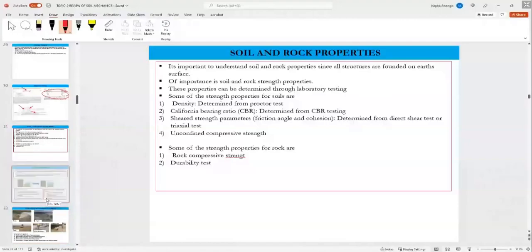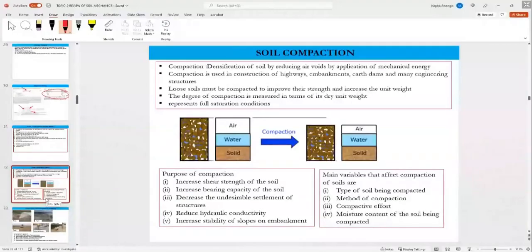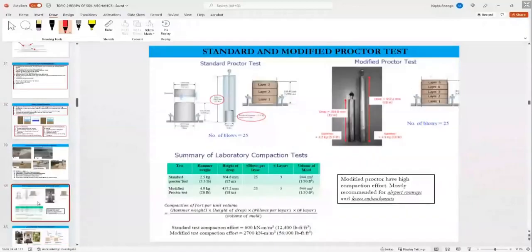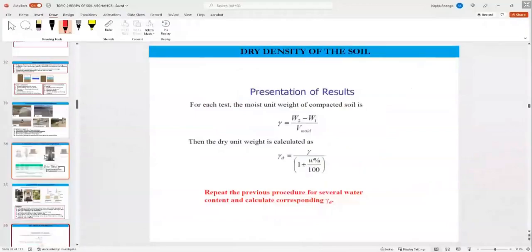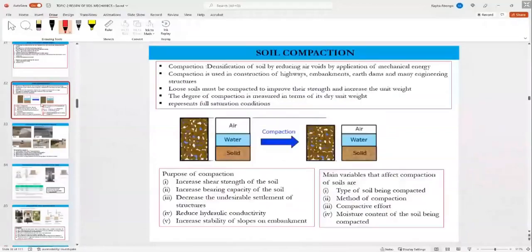Let's keep that. Talk about soil compaction a little bit, just a little bit. Do I even need to talk about soil compaction? Let me talk about soil compaction a little bit, just to refresh your mind.